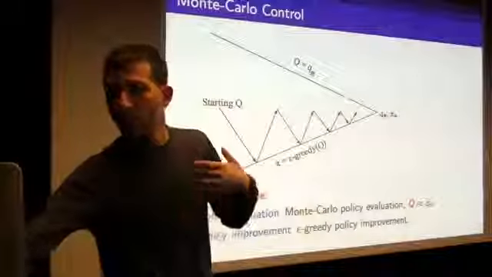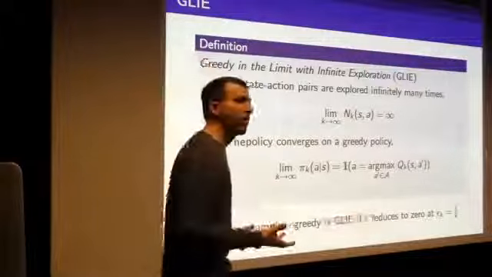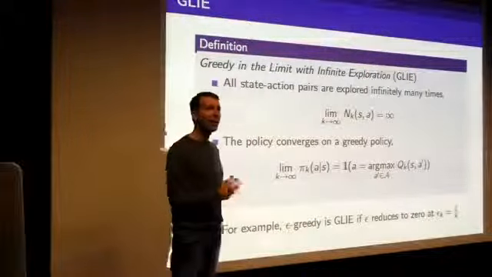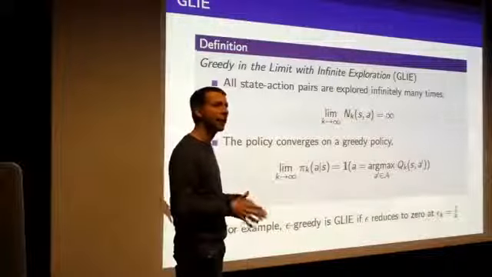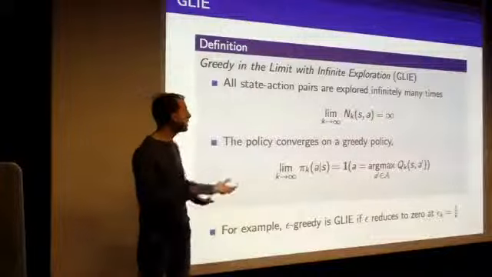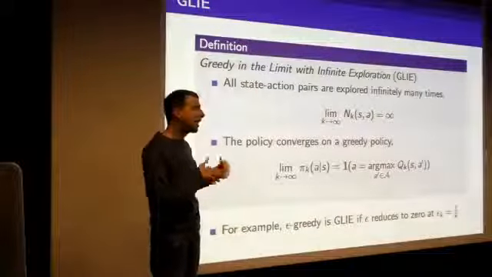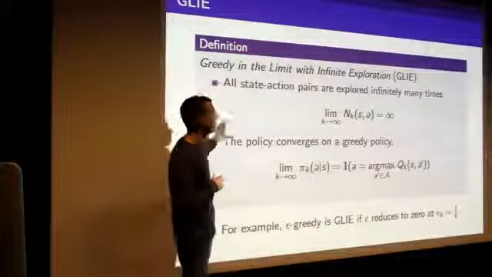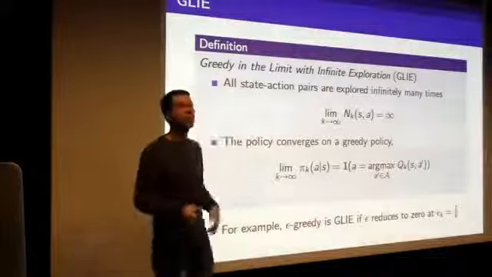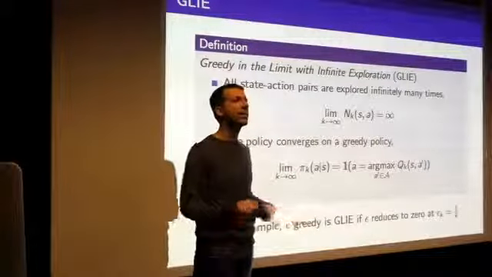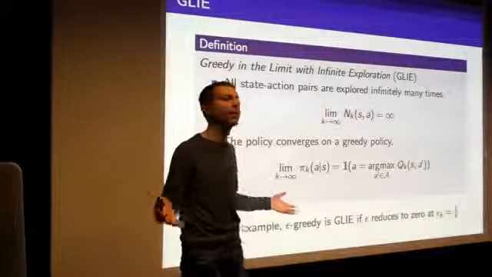One idea for balancing those two factors is called GLIE, greedy in the limit with infinite exploration. The idea of GLIE is basically to come up with any schedule, if you like, for exploration, such that two conditions are met. The first condition is that you continue to explore everything, that you make sure that all states and all actions are visited infinitely often.